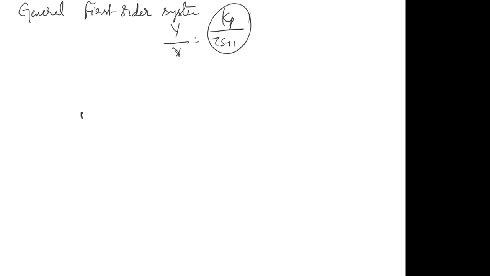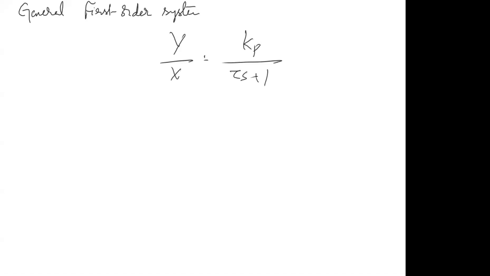By default, all the variables in PDC are Laplace transforms. So I'm writing y by x equal to Kp by tau s plus 1. What is y? By default, it is y of s, and x of s.